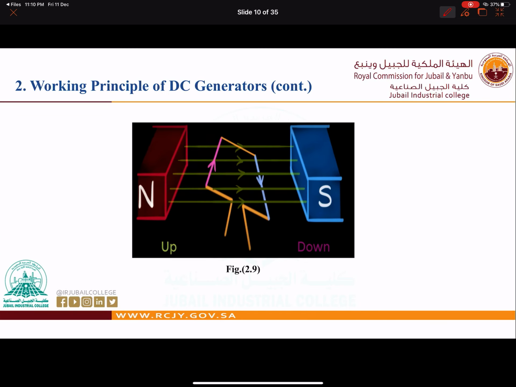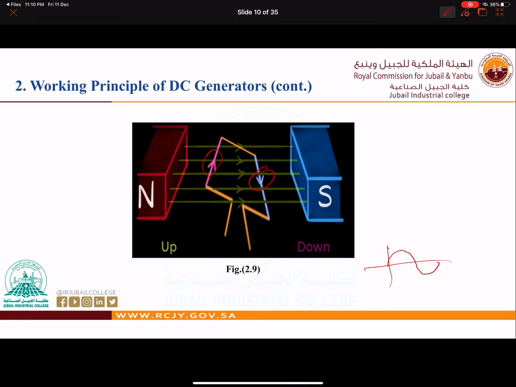Make sure that you know the pink color here, which is the upper side of the winding, is going up, and the yellow is representing the lower part of the coil, which is going down. So now we have a magnetic field, movement, and a coil. Then we will generate an AC current.